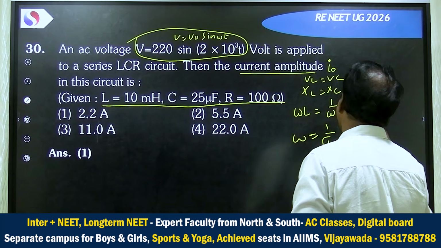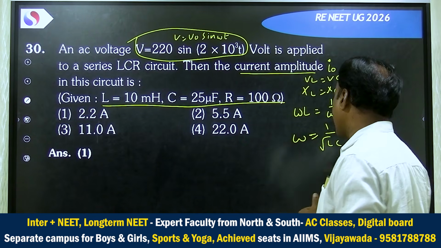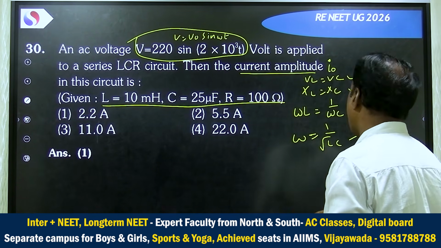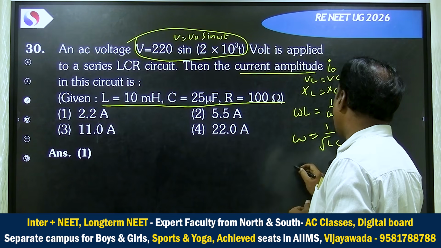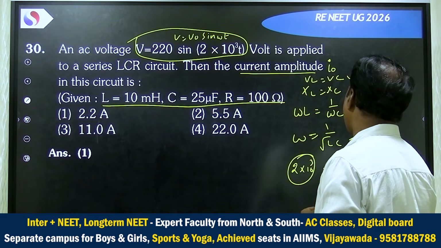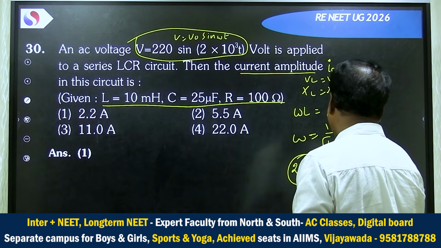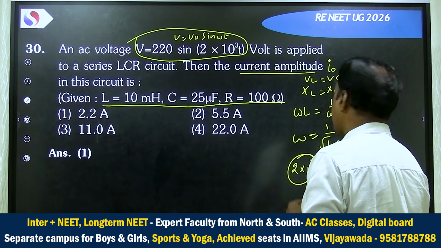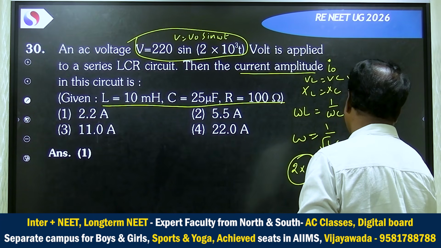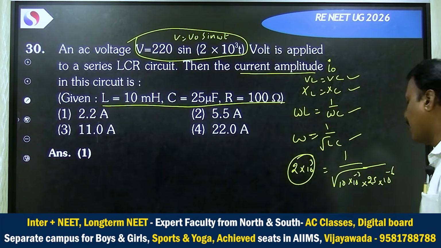By checking any one of these, you can say the circuit is in resonance. So I'm directly going to omega equal to 1 by root LC. Omega given to us is 2 into 10 power 3. Just wait whether this root LC is also giving the same or not. L value is 10 milli, means 10 power minus 3. Capacitance is 25 micro, means 10 power minus 6.